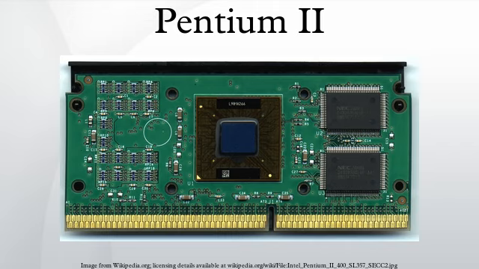The S-spec number SL2KE denotes a Pentium II Overdrive sold with an integrated heatsink fan combination for Socket 8. Note that the S-spec number SL2EA denotes a Pentium II Overdrive sold with an integrated heatsink but no fan for Slot 1.